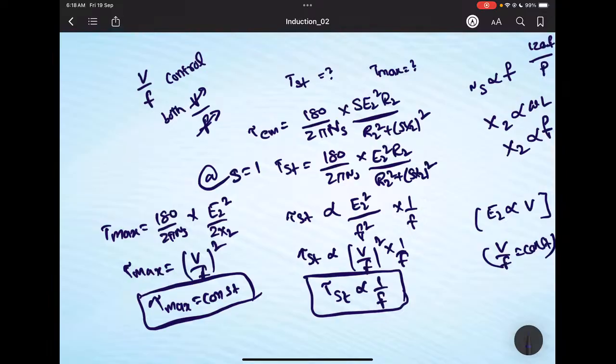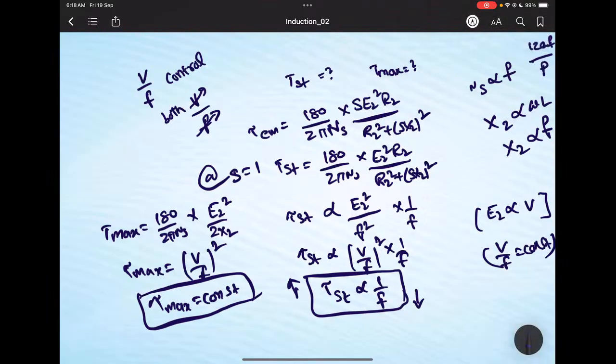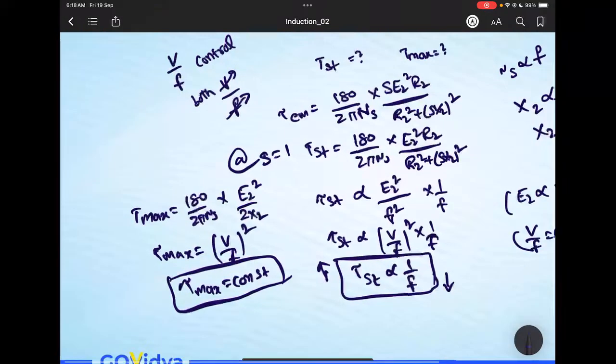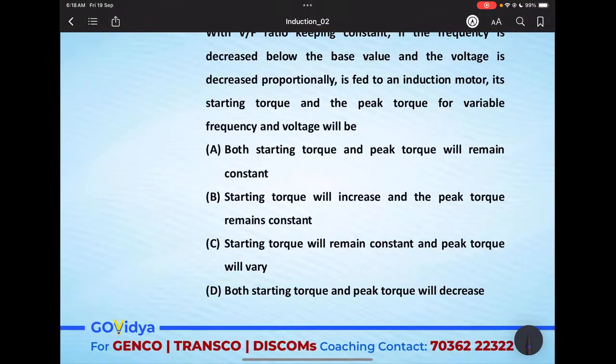Thereby we come to the conclusion that starting torque is inversely proportional to the frequency. If frequency decreases, starting torque is going to increase, whereas maximum torque is constant. Let's see the options. Starting torque will increase, peak torque or maximum torque is going to be constant. So our option will be B.